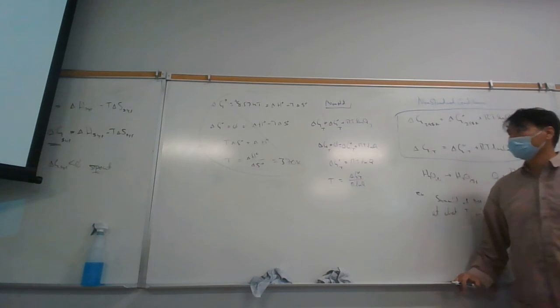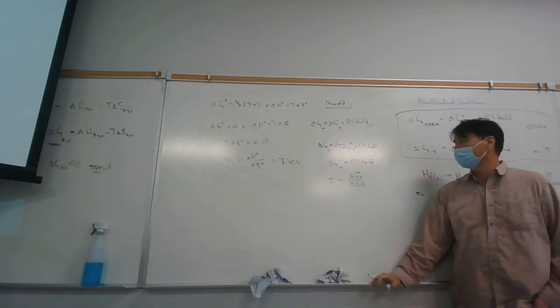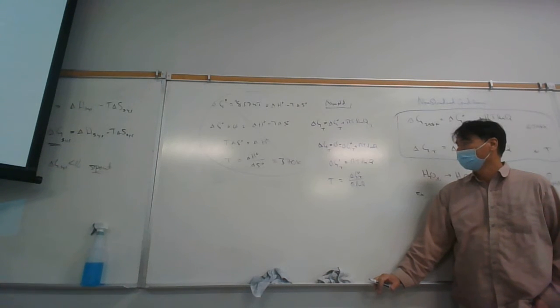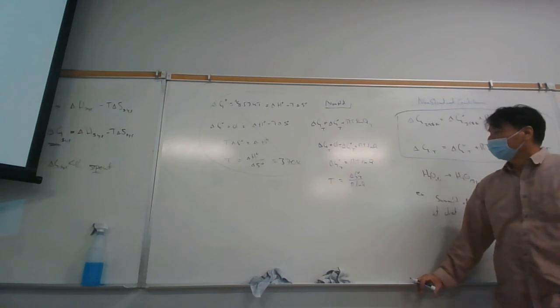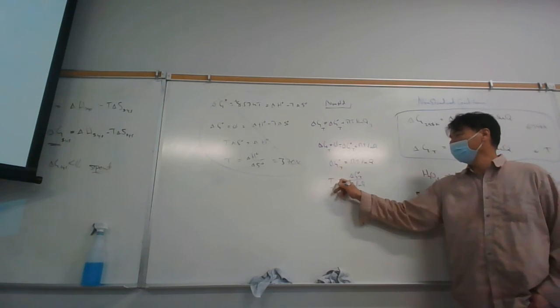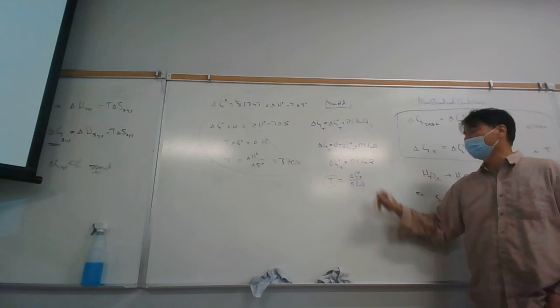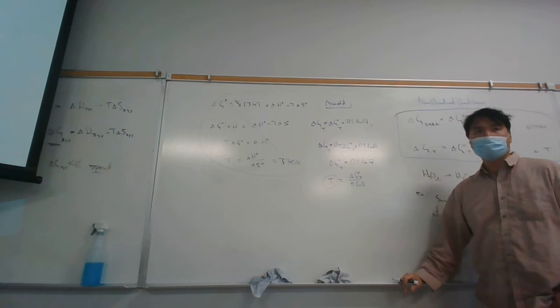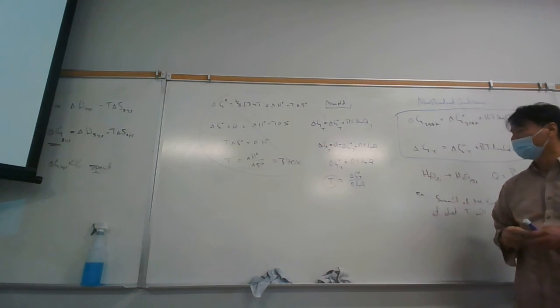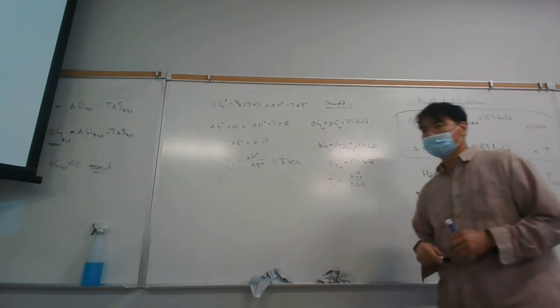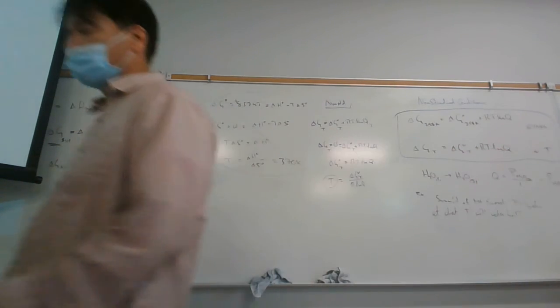And so we can actually switch it from a positive delta G to a negative delta G, going through zero. In order to solve this for T, we need to know what delta G naught at that temperature is. We don't have that, and so we can't solve this. In other words, we cannot do this.